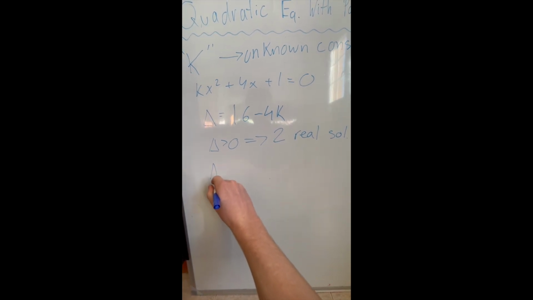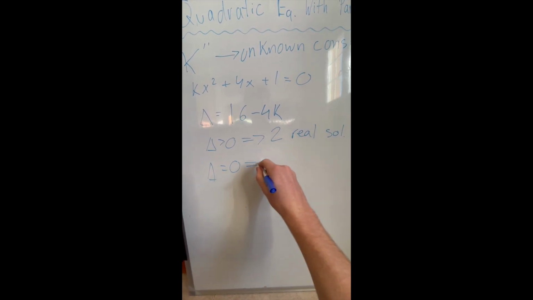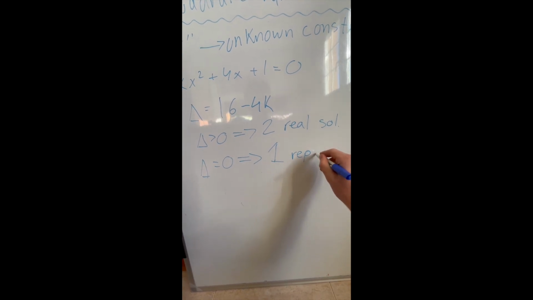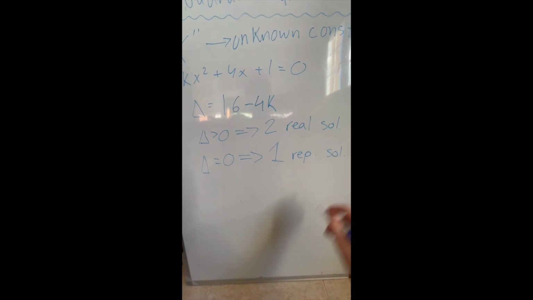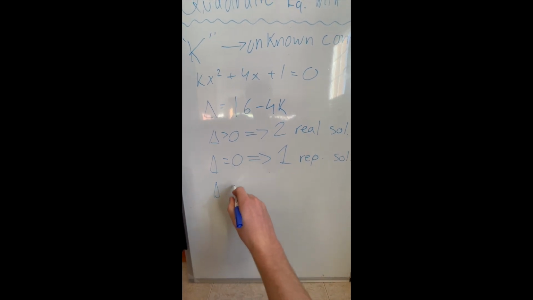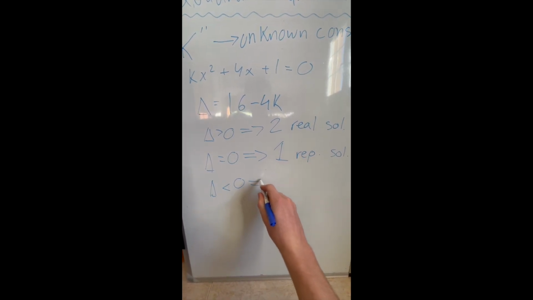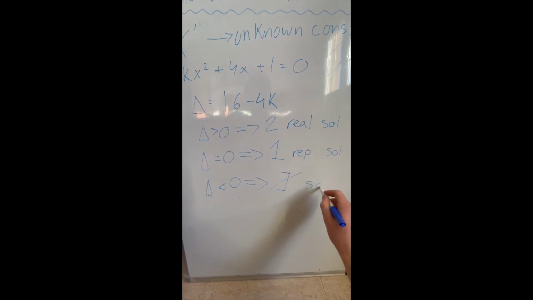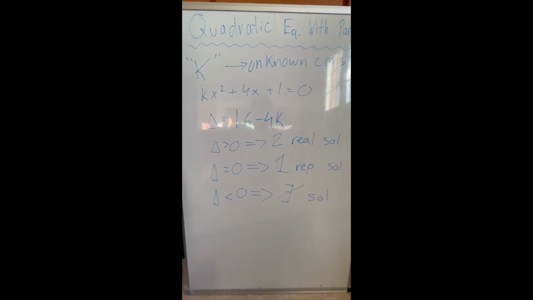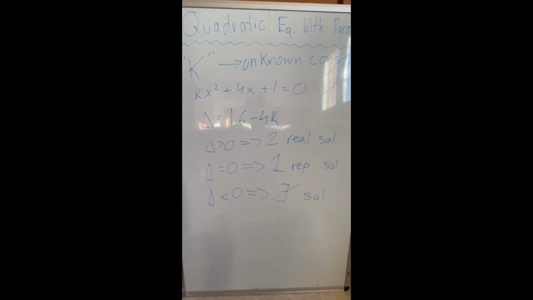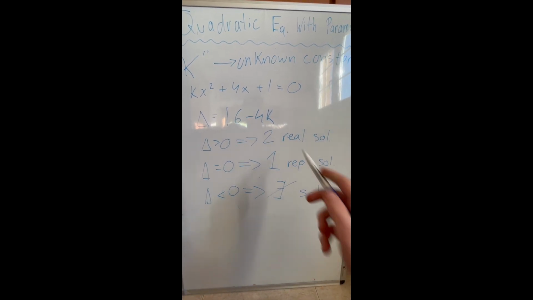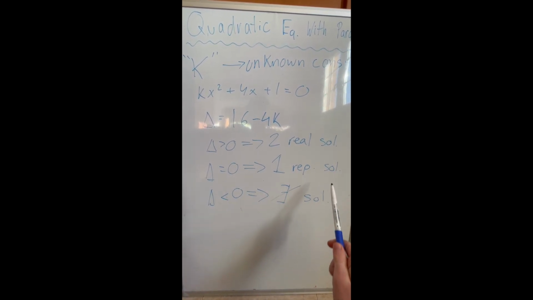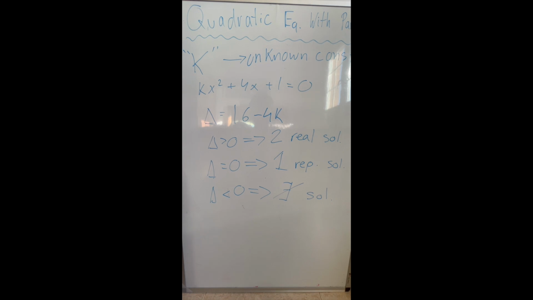The discriminant equal to 0 implies that there is 1 repeated solution. And when the discriminant is smaller than 0, meaning a negative square root, that implies that there is no solution. So, how do we find the values of k where there are 2 real solutions, 1 repeated solution, and no solution?